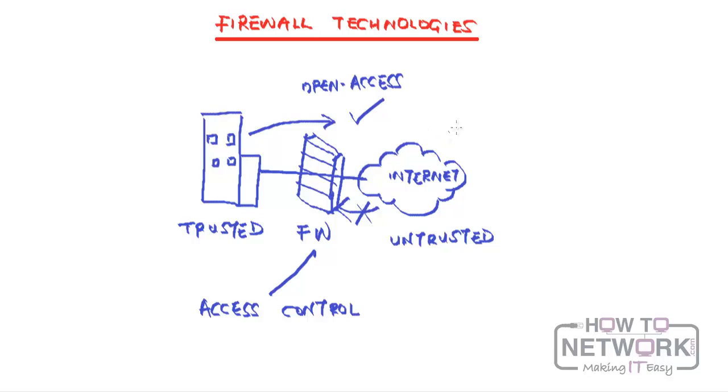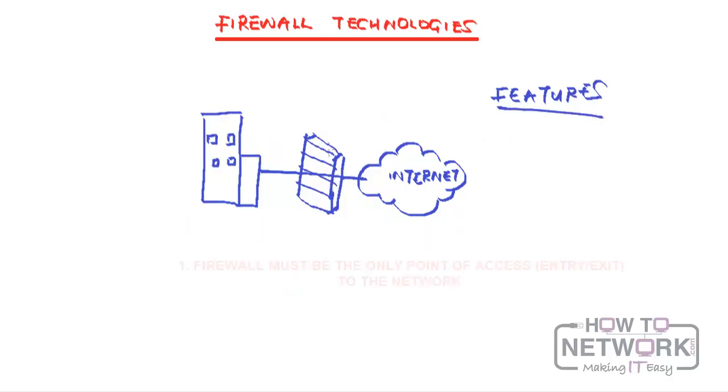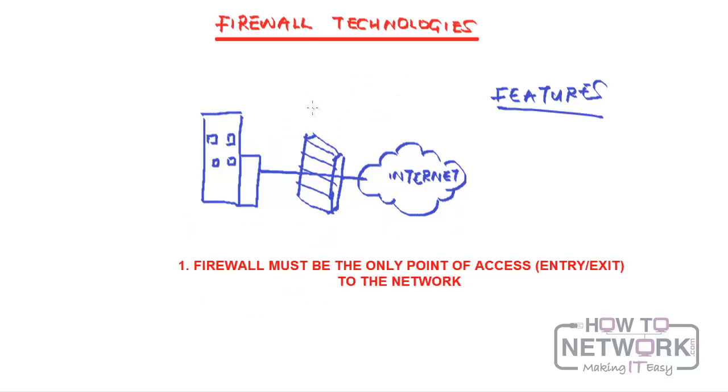From this, it is immediately evident what the features of a good firewall are. So, features of a good firewall deployment. Let me just clear the screen up a little bit. The first thing is the firewall must be the only point of access into that network.